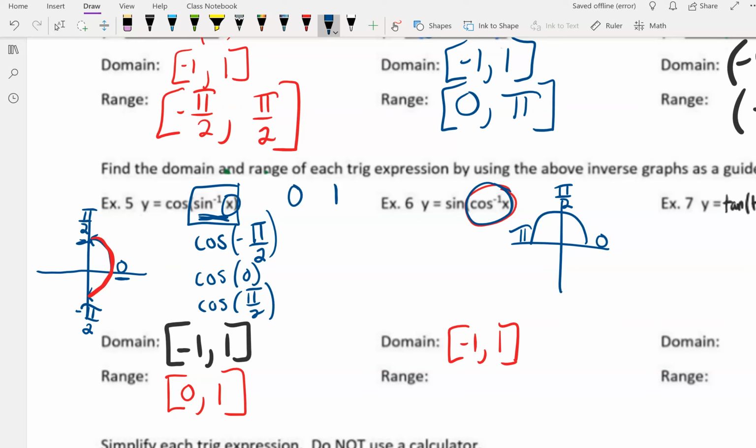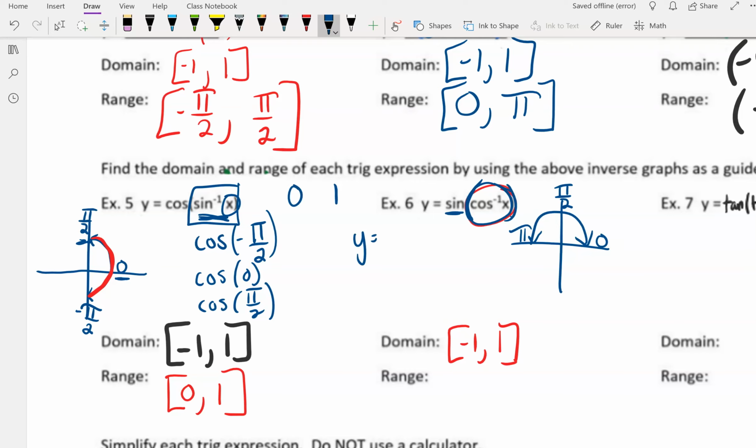So those are all the possible answers from 0 to pi that we could get out when we do inverse cosine. And then those are values that could get plugged in for sine, since this is all inside of sine here. So I'm just going to plug in those options and see what I get out for my y.